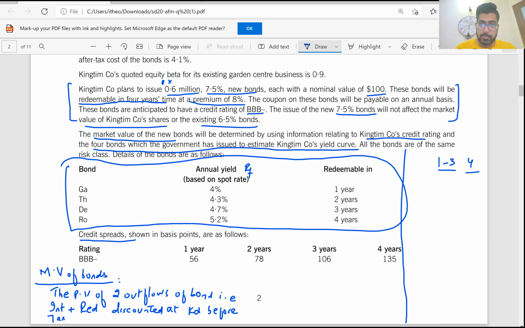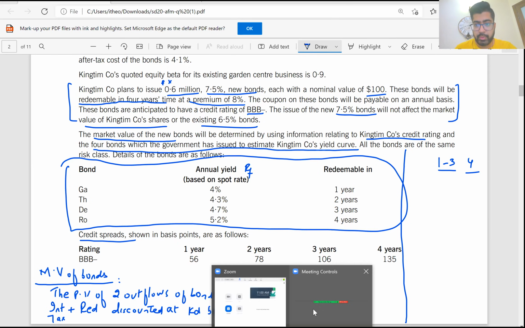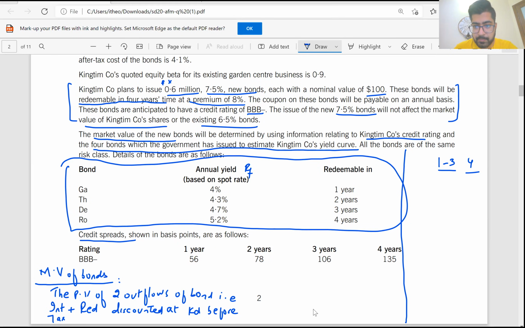So when I'm asked to compute the market value of the bond, it's the present value of 2 outflows, interest and redemption. The bond is paying interest of how much? 7.5%. 7.5% of what? The par value 100. Interest is always paid on par. So for 4 years, the first outflow which the company has to bear is interest.